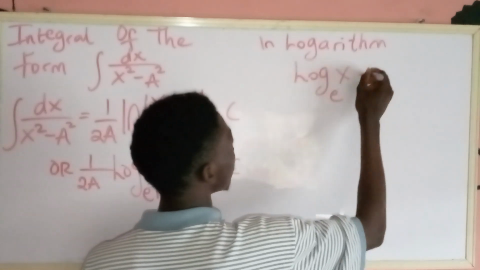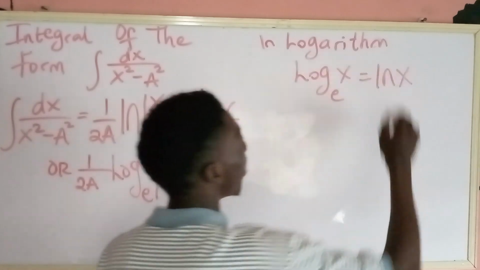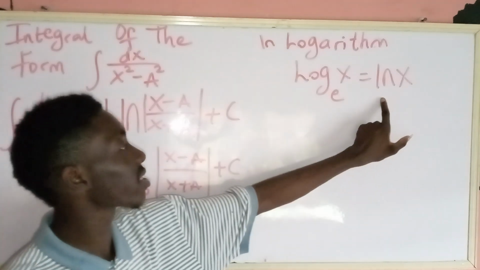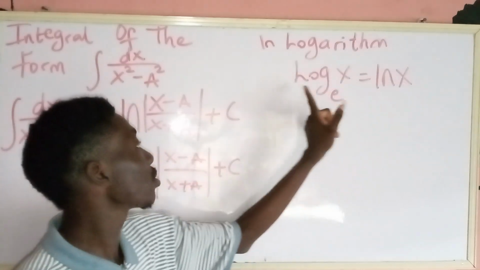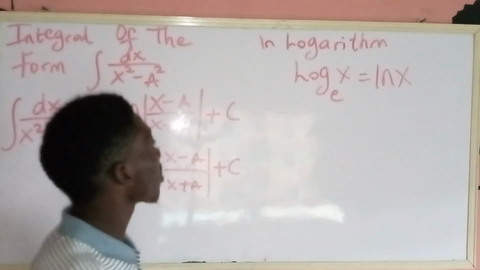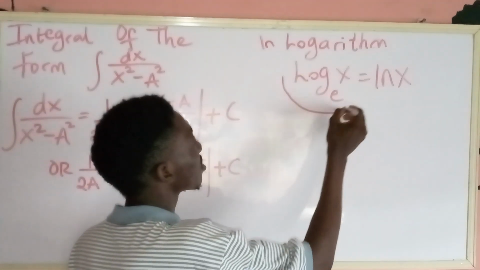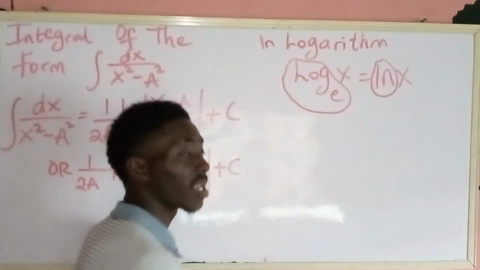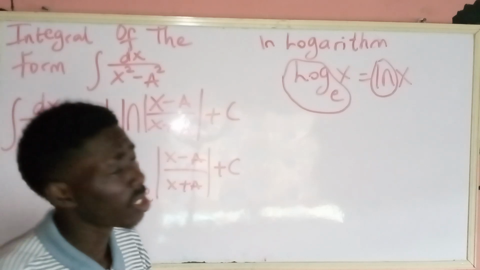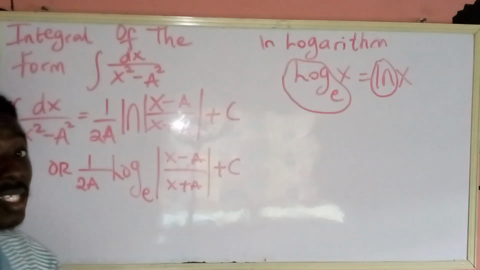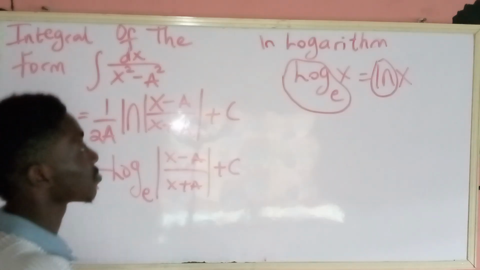Log x base e is the same as ln x. So we pronounce this as ln x, and this is also log x to the base e. They are the same thing. In mathematics we can write ln or we write log to the base e. They are both the same.